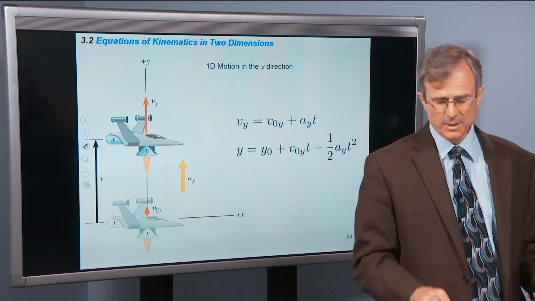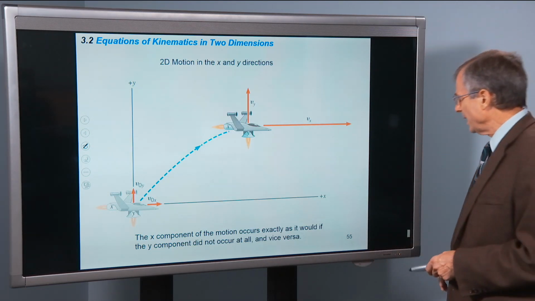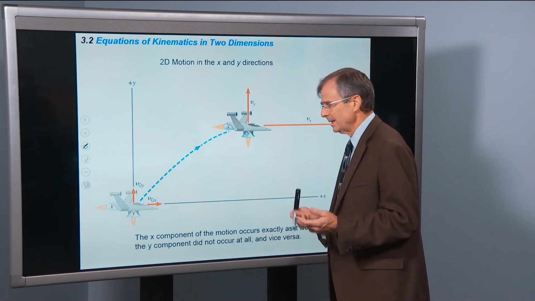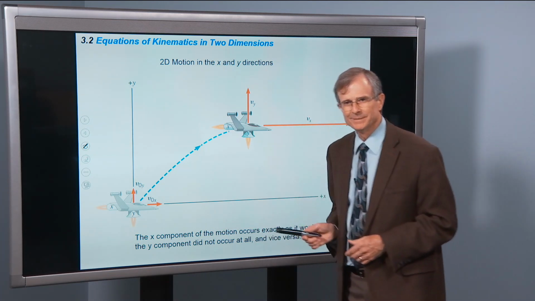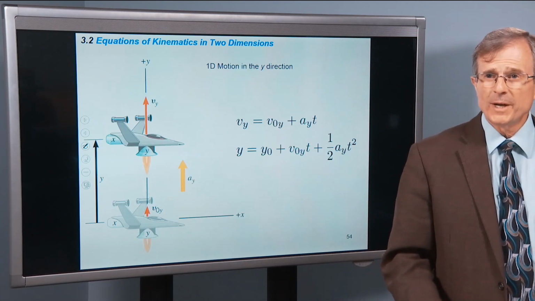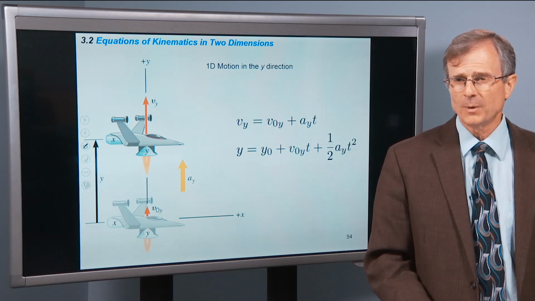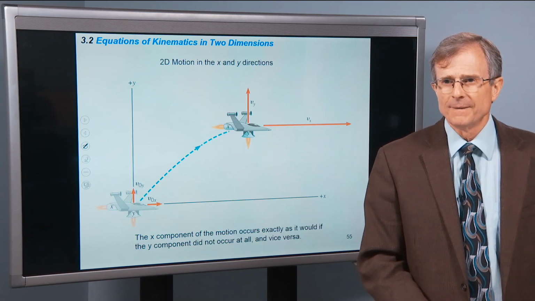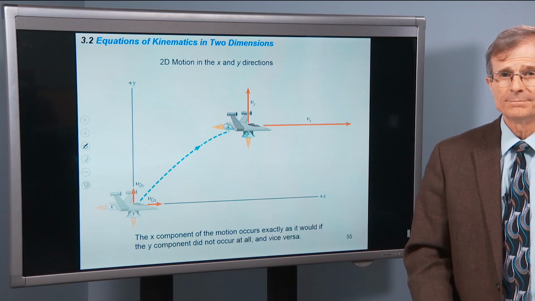What happens if he's moving in both? And the answer is, you can treat each component separately. You've got these two equations to deal with in the x direction, these two equations to deal with in the y direction, and this allows you to have at it in 2 dimensions.